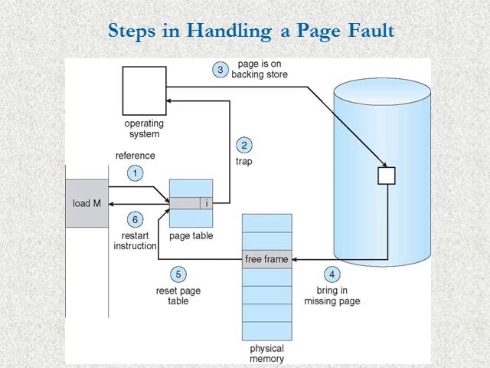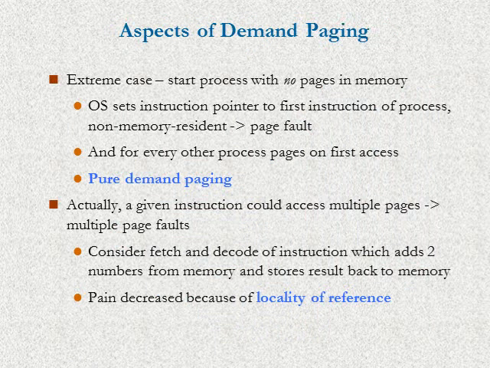on the main memory. There is an interesting aspect of demand paging where we do not load any page altogether on the main memory when we start the execution of a process. Once we decide to execute a process, we do not load any page onto the main memory. Rather, we just put all the pages onto the swap space. Once the process starts its execution, the very first instruction generates a page fault, and then the operating system fetches the first page and loads it onto the main memory.